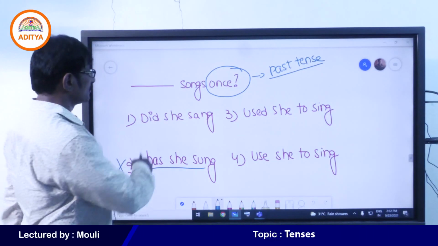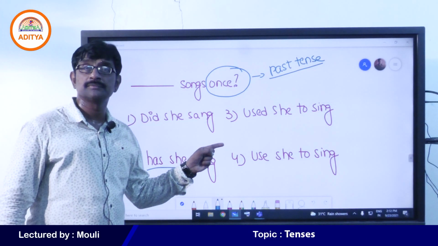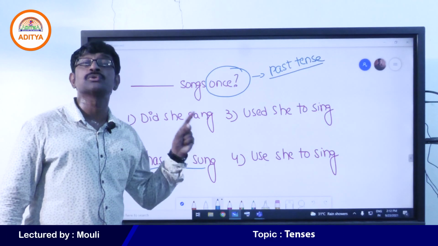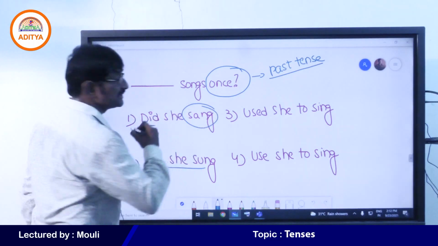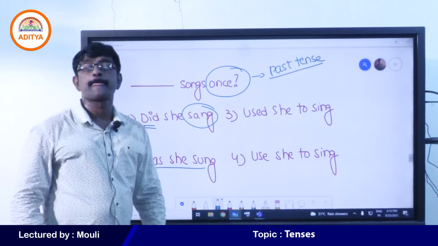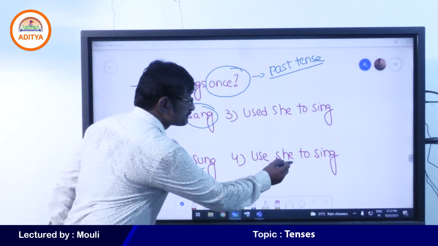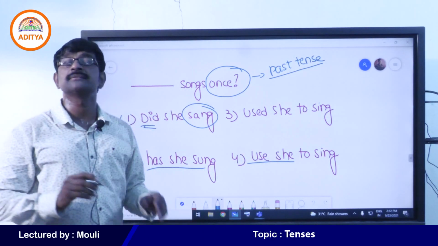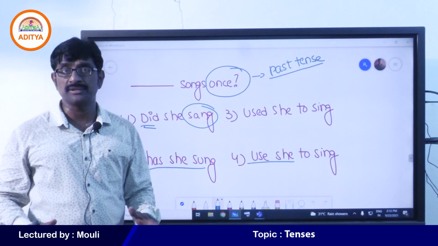And after that you look at this. Did she sang is given here. Did she sang is also a wrong sentence, because after did you should use only V1. So this is also wrong. So two sentences are there. Anyway, we know that use plus subject plus to plus V1 is not at all there in English language.